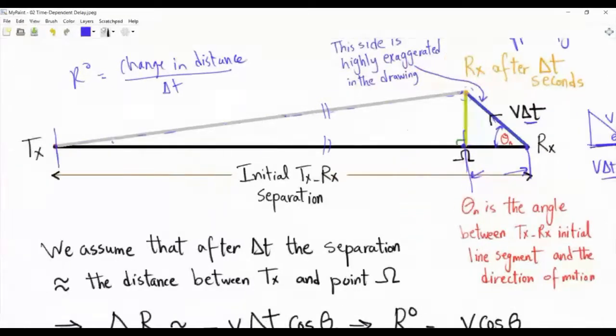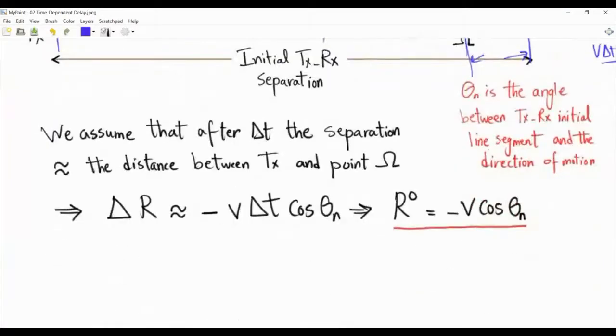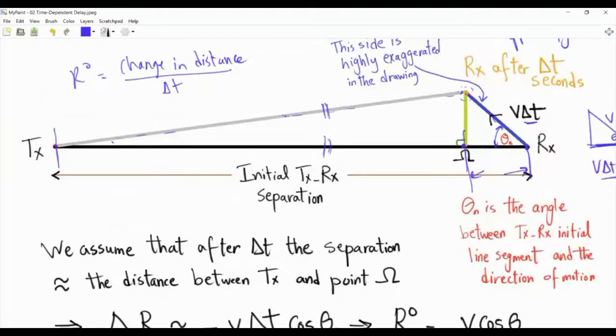And so you will say that the change, now we are saying that this is approximately equal to this, and so the original length was all this black line. So now the change in distance is approximately this guy, and it's with a minus sign because in my drawing I'm assuming that the receiver is moving in the direction of the transmitter, so the distance between the transmitter and receiver is getting smaller.